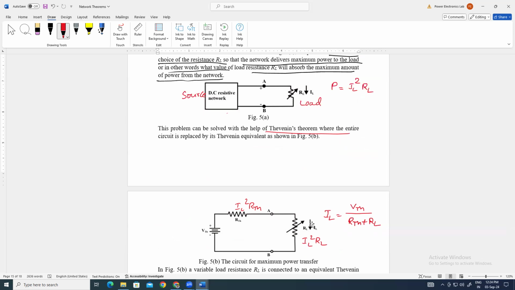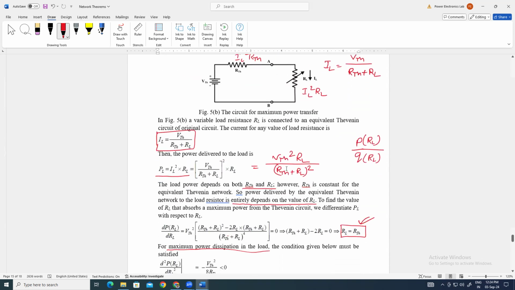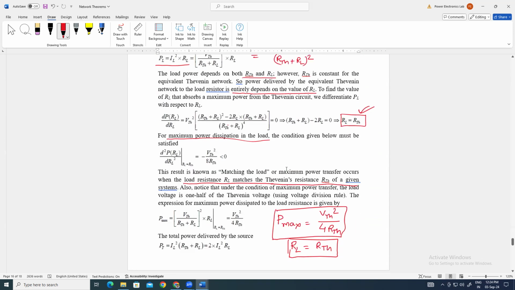This theorem is just an application of Thevenin's theorem. Okay, we are directly applying Thevenin's theorem to resolve the DC network. And after that, we are calculating the value of IL, that is the current flowing through the load resistor. Load resistor is variable. So to get the maximum power from the source, we have derived the relationship for the maximum power, VTH and RTH.